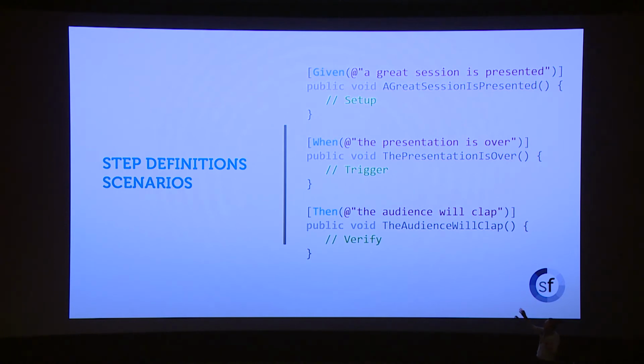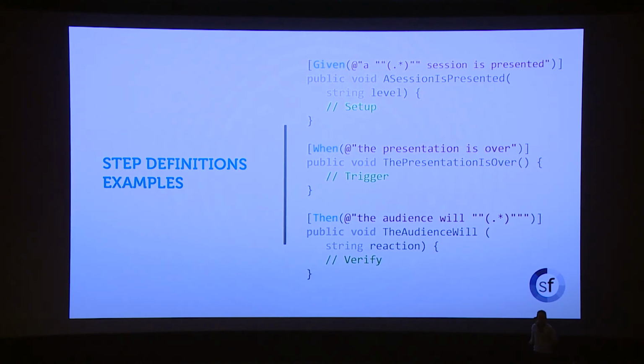And on top of that, you see the given, when, and then step, together with the regular expression that you would expect in order to map it to the Gherkin file that we made with the 3 Amigos. And like I said here in the comments, we have a setup, a trigger, and a verify step, and we used it in order to check if our testing still works.